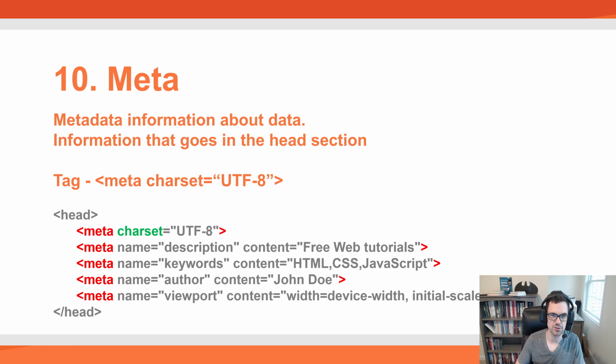A lot of developers really appreciate it if you give a description of the page, keywords, the author, and a viewport if you're going to make your web page resizable for different devices or mobile friendly. But for today, we're just going to take one of the meta tags that I think is probably the most important. That has to do with the character set, and it's using the encoding of UTF-8.